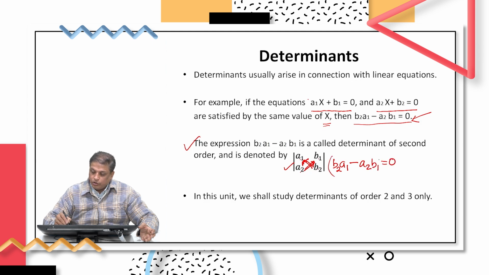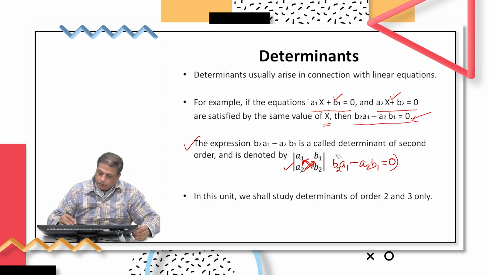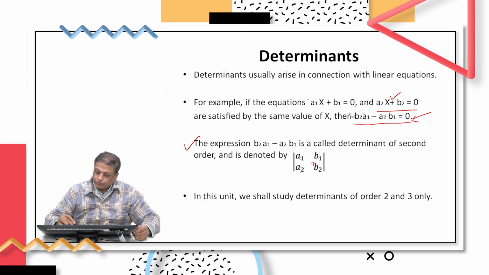Then it is the solution of the linear equations A1x plus B1 equal to 0 and A2x plus B2 equal to 0. You need not worry about this; you will be practicing it again and again. But to understand it, let's explain again how we arrived at this determinant.